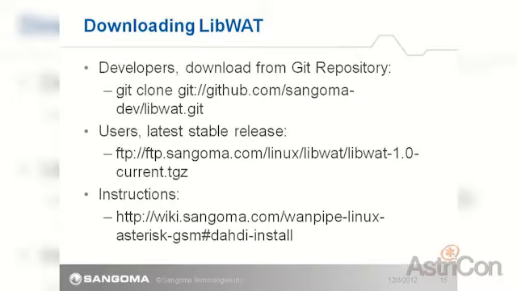But if you're a developer, this is the version you should use. Also, if you're a developer and would like to contribute to the LibWAT project, contact me. Come see me, and I can give you developer access. We can discuss architecture or new features we can add. We're very open to that.